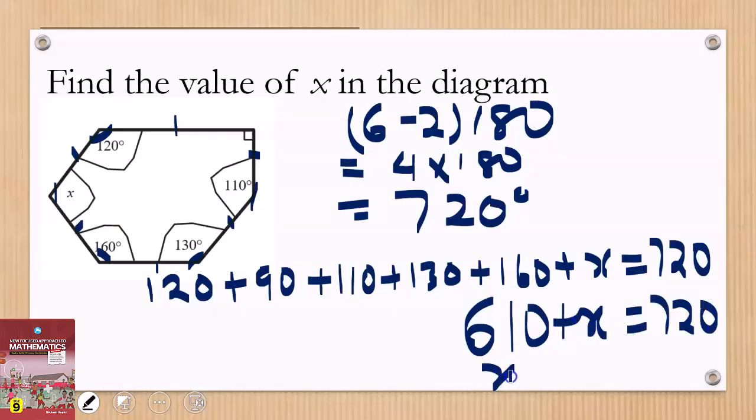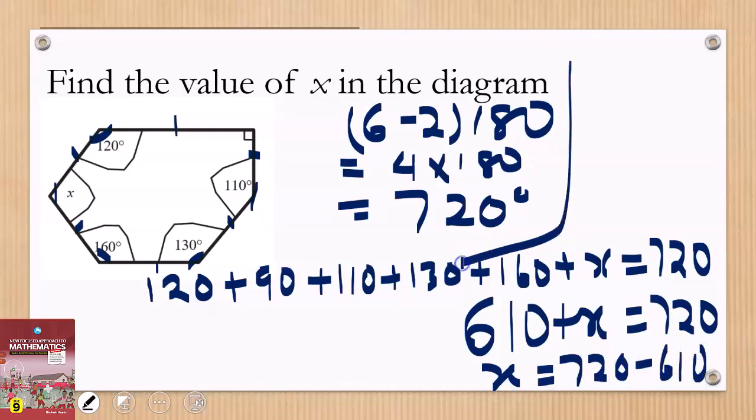If we make x the subject, we have 720 minus 610, and the answer is x equals 110 degrees. So the value of x here is 110, which completes the interior angles of this polygon.